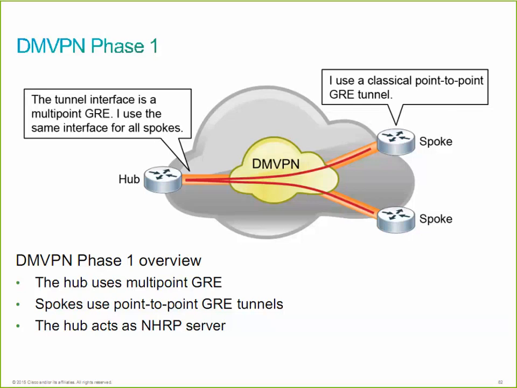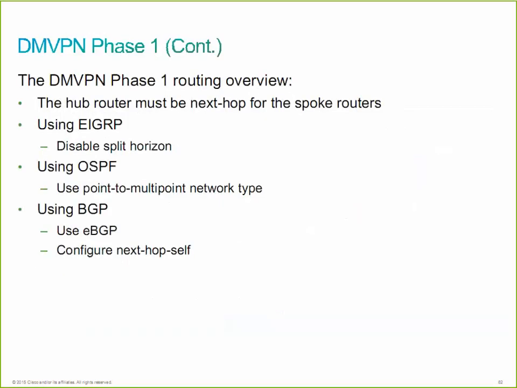No spoke-to-spoke communication. And that is really literally the single largest disadvantage that we see on DMVPN phase 1. We can use just about any routing protocol that we want over DMVPN phase 1. But because it does not allow spoke-to-spoke tunnels, all the traffic has to go through the hub.